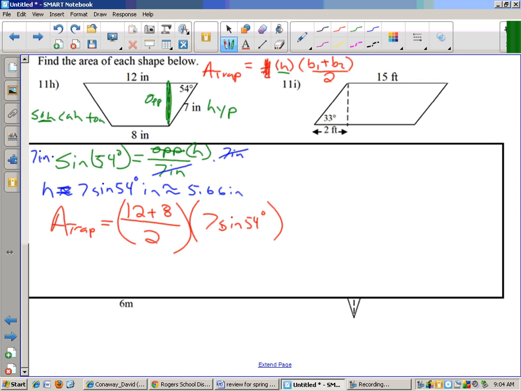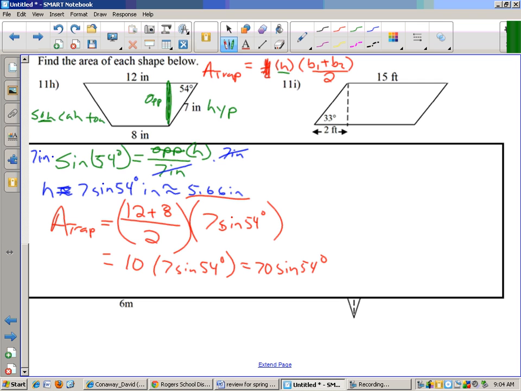Remember, don't ever do any more calculations with something that's already been rounded. Don't plug in 5.66. Put this into your calculator. So 12 plus 8 over 2 is actually going to just be 10 times 7 sine 54, which is going to just be 70 sine 54 degrees.